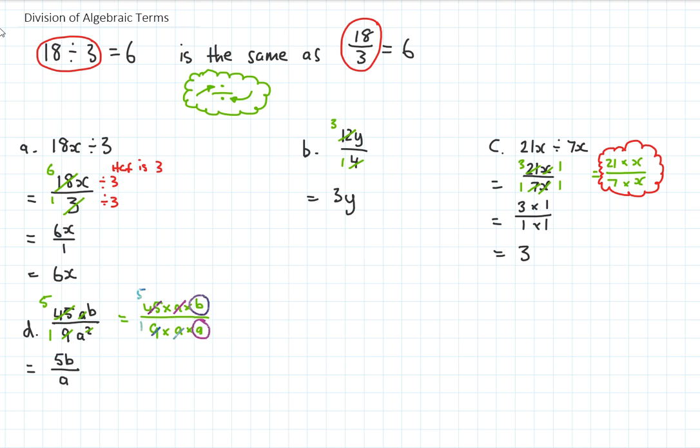The very last thing I'm going to talk to you about, just quickly, to do with division of algebraic terms, is if you get the situation where you've got negative numbers and positive numbers in the numerator and denominator, or variants of that, the same rule applies, and I'll write this up here in the corner so that you can be reminded of that.